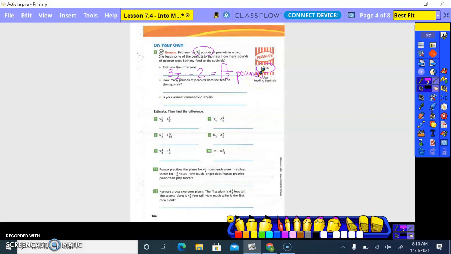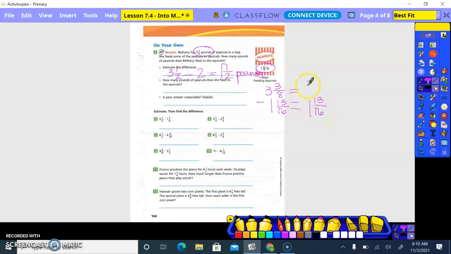Okay, about how many pounds of peanuts does she feed to the squirrels? So we need to do 3 3/8 minus 1 and 13/16. So what's our common denominator? 16. So we don't have to change the bottom one.